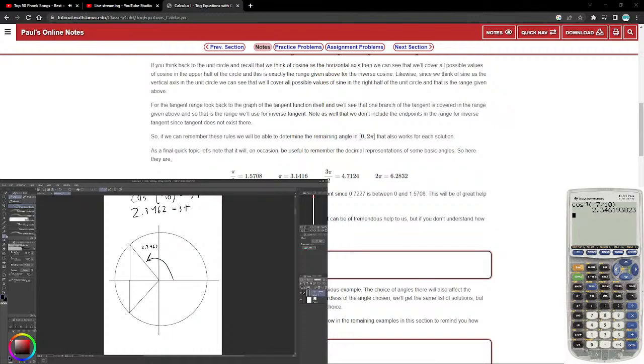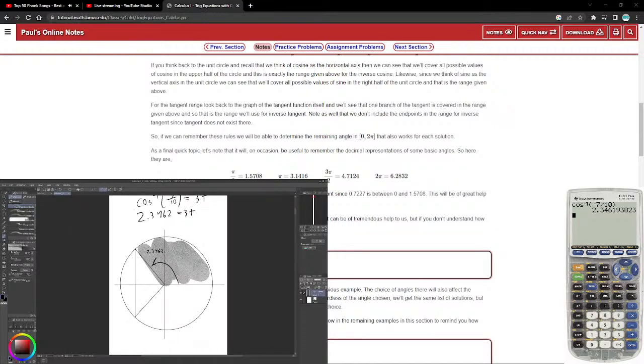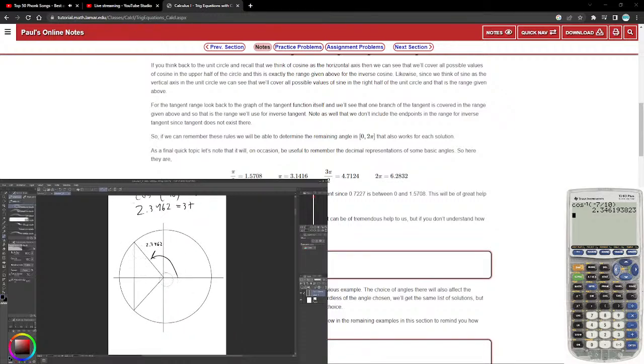Let me check. So we got this. Okay. Subtract 2 pi. That'd just give this. Right. So maybe not. But pi minus 2.3462 gives 0.7954 for this thing.